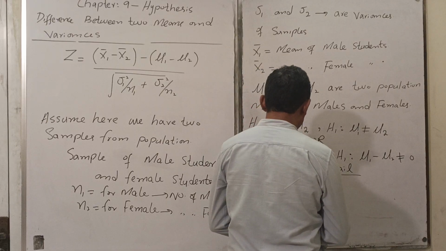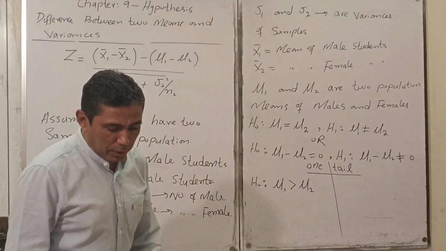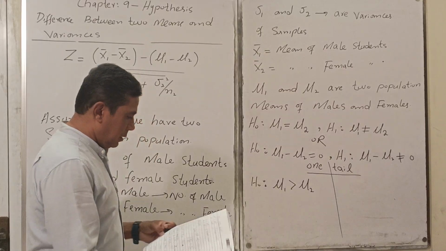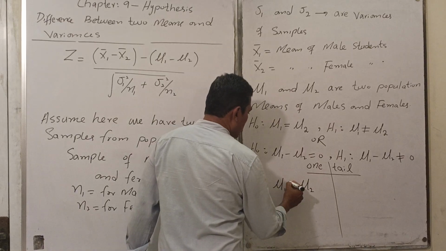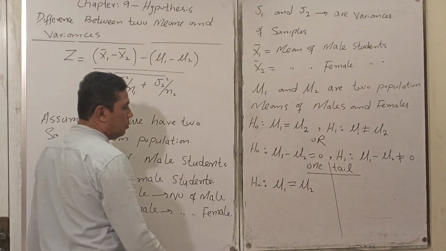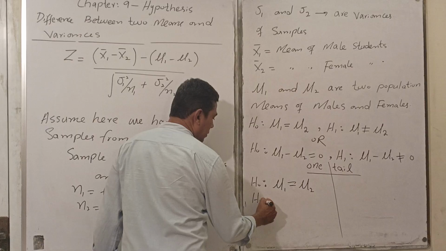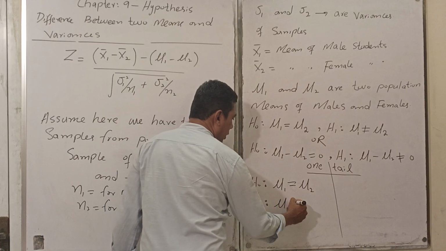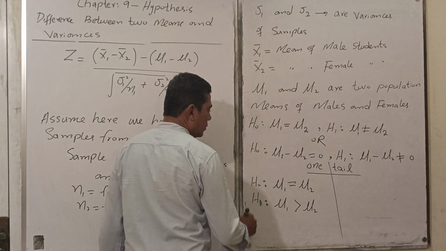For example, again, sorry, H naught again mu1 equal to mu2 and H1 is mu1 greater than mu2.